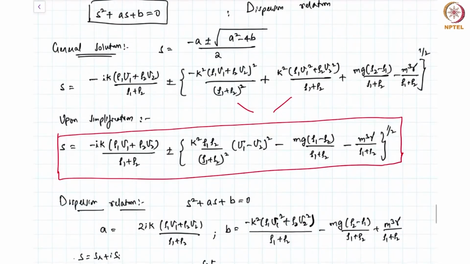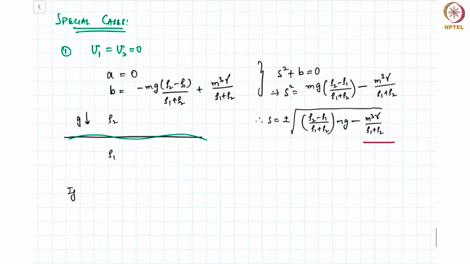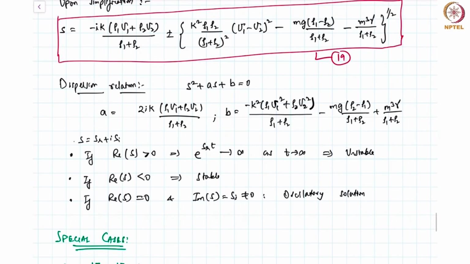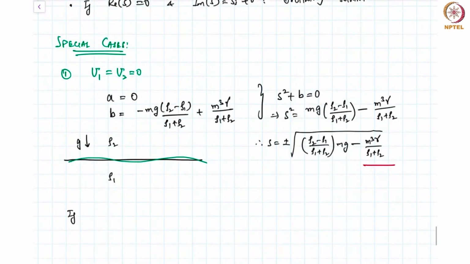The full dispersion relation, we'll call it 19. The simple form we'll call 20 and 21. So now we have got the dispersion relation number 22, which is valid for the system that is shown. You have an interface which is perturbed. You have rho 2 above and rho 1 below, correct?